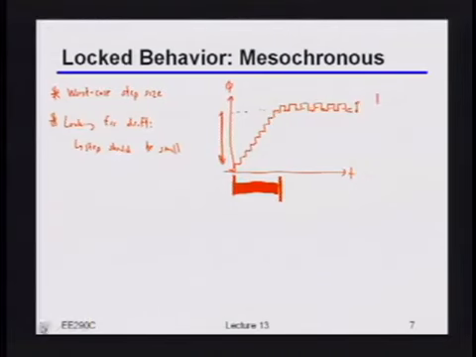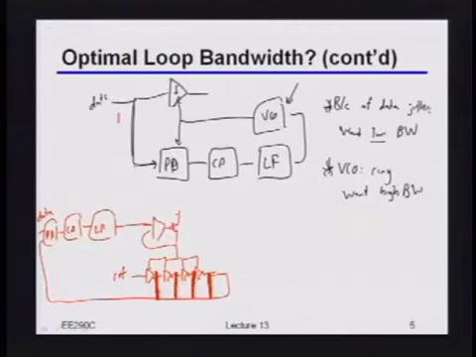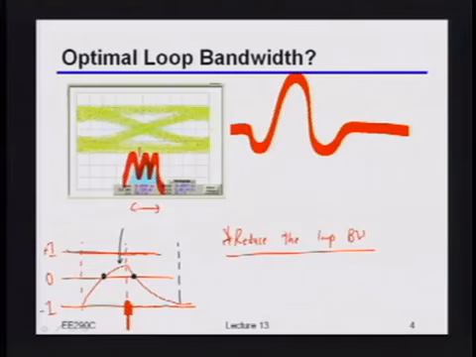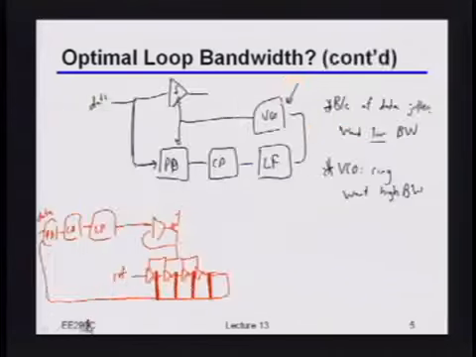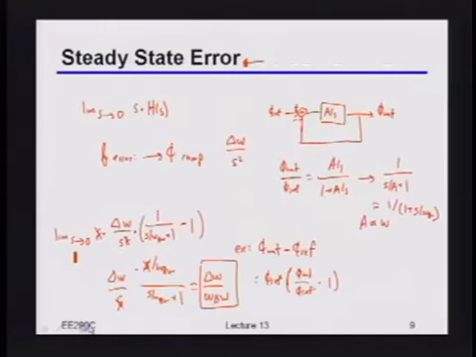It gives you less dither. It allows you to filter out the junk on the edges more. But now we have this opposing constraint: even though you'd like to make the bandwidth low, you actually have to make it reasonably high, or at least higher than you may have liked, because if you don't, you're going to end up with this static phase error.